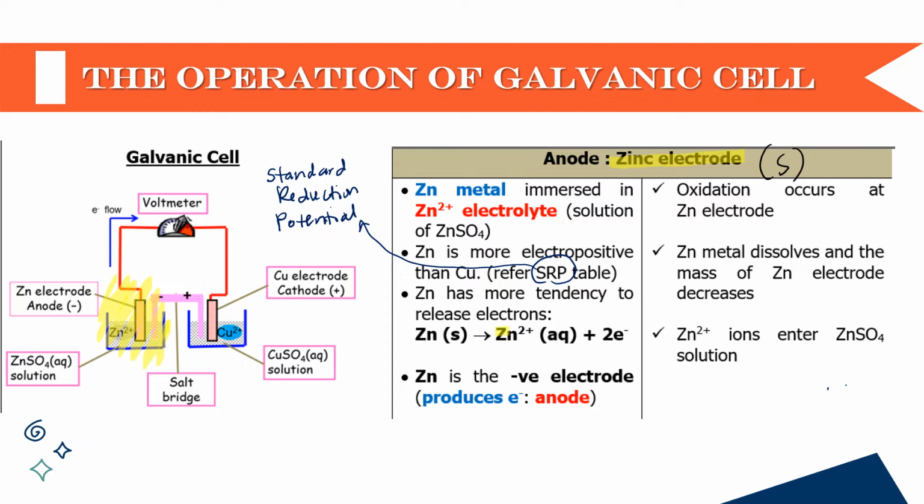I will explain it later how to choose which metal will undergo oxidation and which one will undergo reduction. Just for now, zinc is more electropositive than copper.